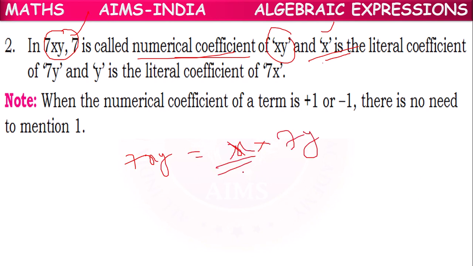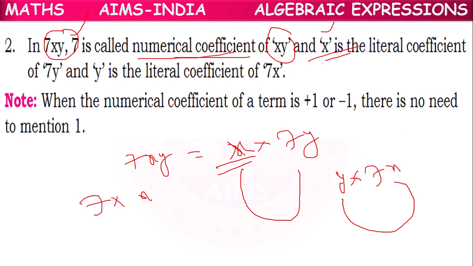What does it mean? x is the literal coefficient of 7y. Or if we separate y, what will remain? 7x. y is the literal coefficient of 7x. Or if we separate 7, what will remain? xy. 7 is the numerical coefficient of xy. Like that, based on our requirement, we can take the coefficients.